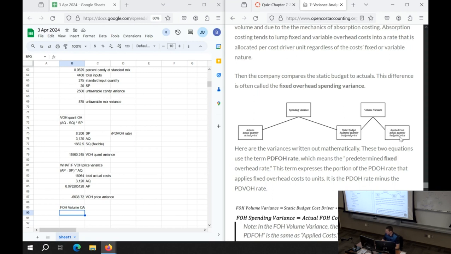And this applied cost number is actual cost driver, actual quantity right there, times PDFOH, which is the budgeted or standard price. So standard price in both instances, just differentiating between standard amount of cost driver on static budget versus the actual cost driver, which is what we will have applied the costs on, which gives us this number here.